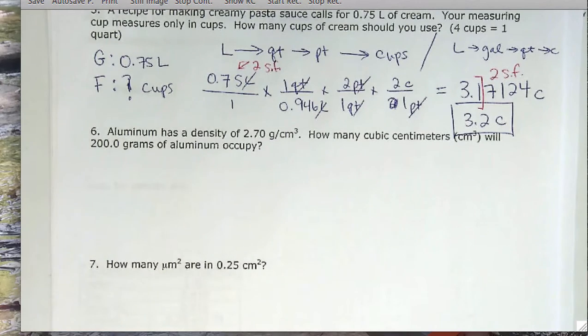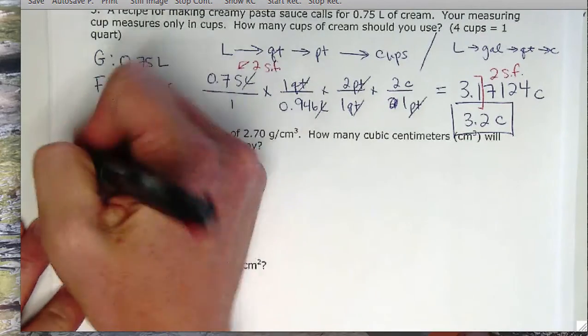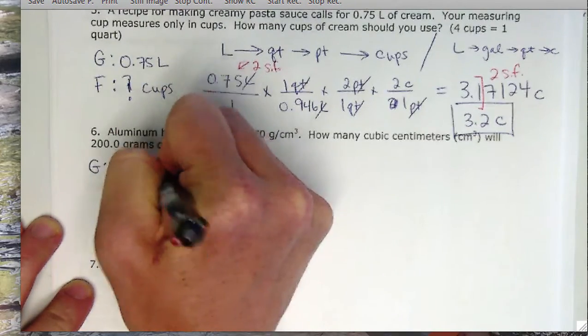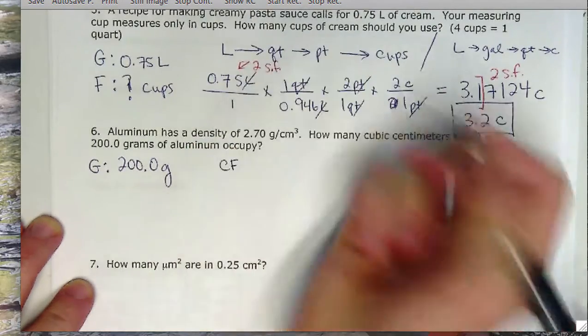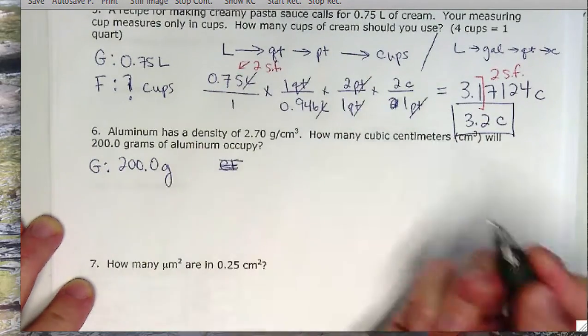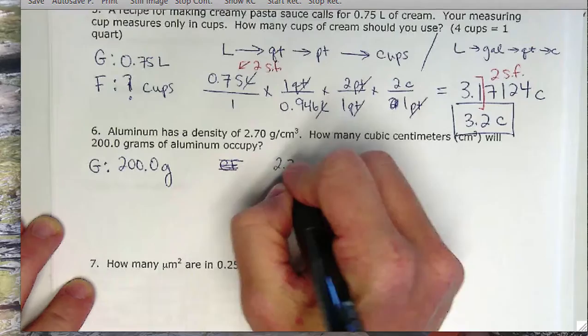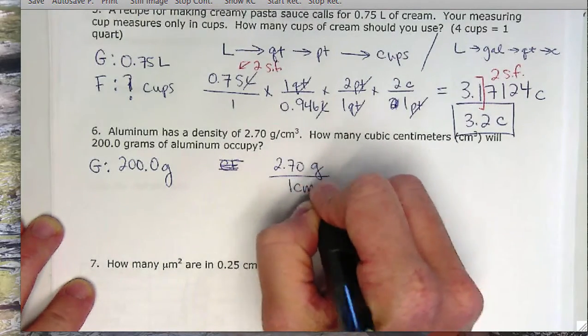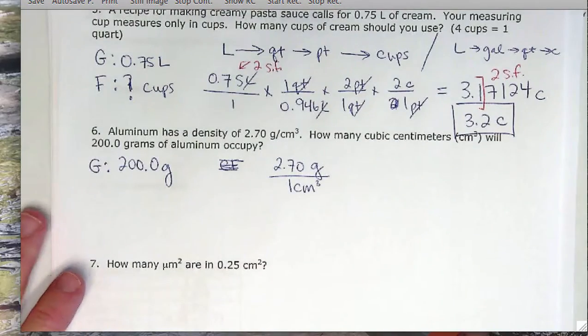Good. Okay, now, Angelo, you had a question about number 6. Okay, so number 6, you're given 200 grams. You also have a conversion factor. I'm going to put 2.70 grams over 1 cubic centimeter.